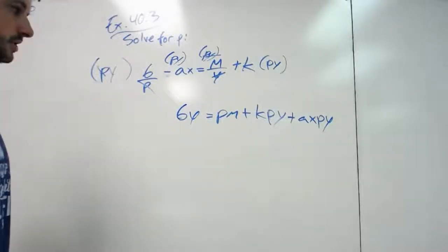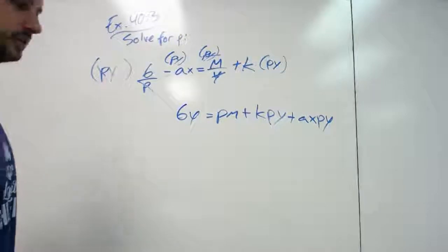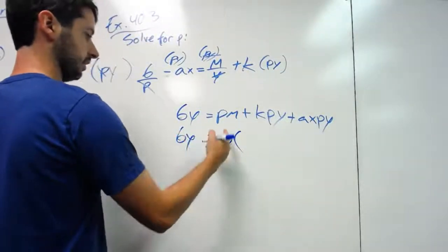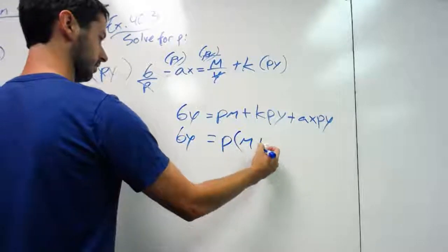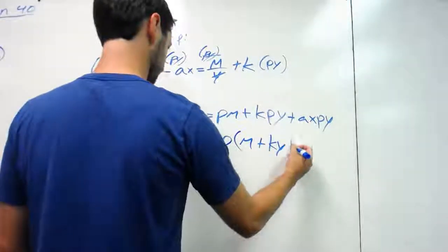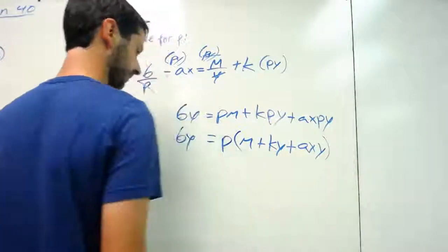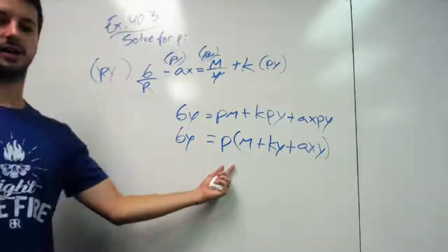Now, just like we did in the last one, we can factor the p out and be left with m plus ky plus axy. 6y equals p times all of that.